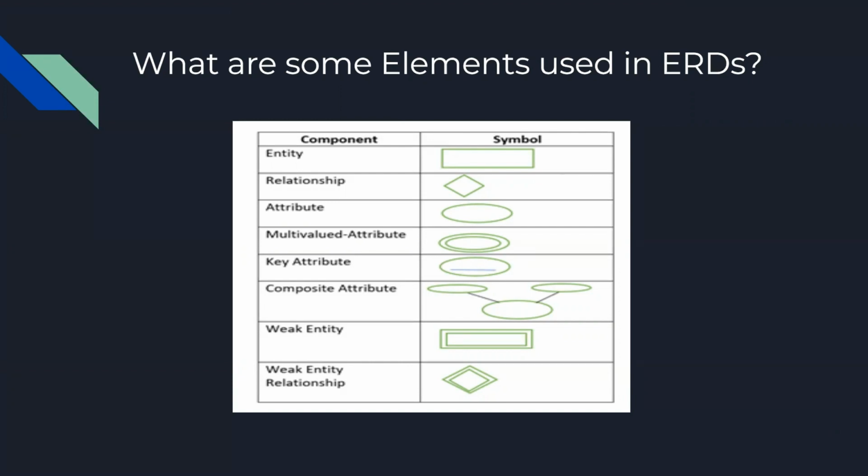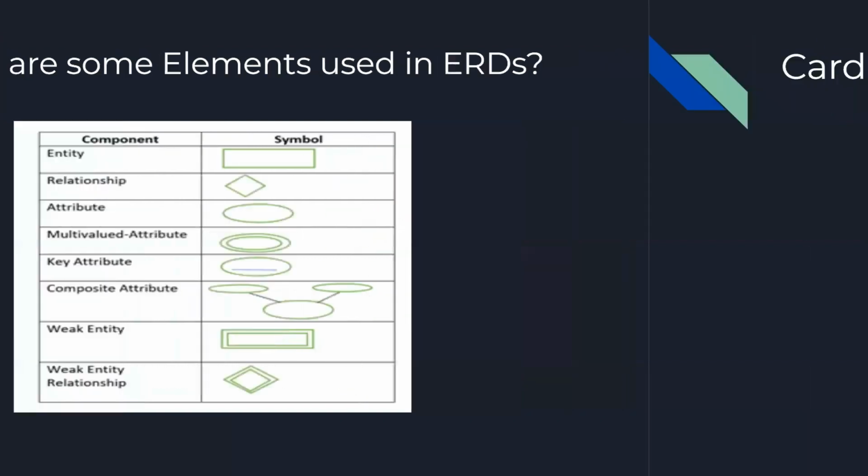An example is a person's name, which could be divided into first name, middle name, and last name. And then the bottom two are just examples of a weak entity and a weak entity relationship. Those are just a double of the original, so a rectangle becomes two rectangles, or a diamond becomes two diamonds.